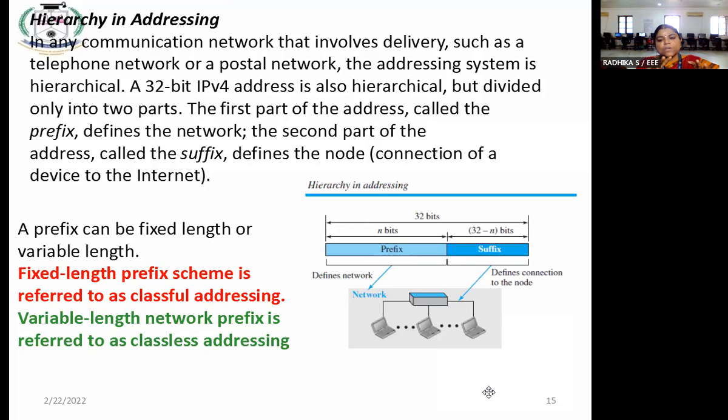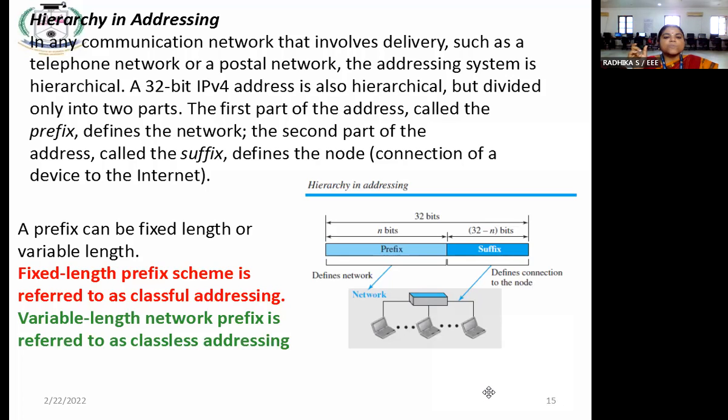That is said to be a network. A LAN can be a network, a WAN can be a network. So the first part of the address, the prefix, defines the network to which this corresponding address belongs.